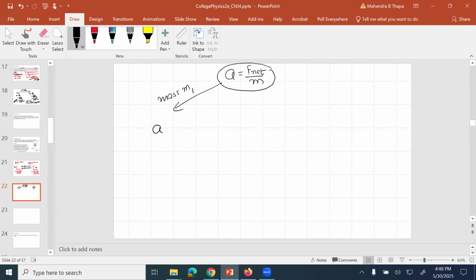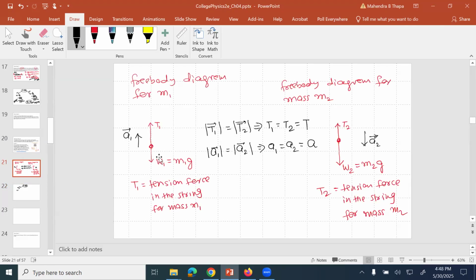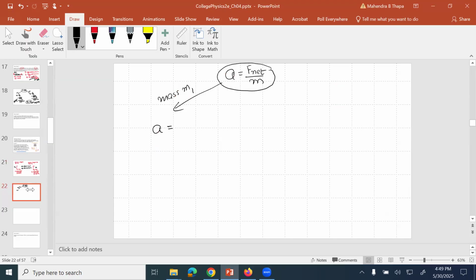So acceleration equals net force. We have two forces here: T vertically up and weight vertically down. So I can write T minus m1 g over m1. I just took the coordinate system with up as positive and down as negative.